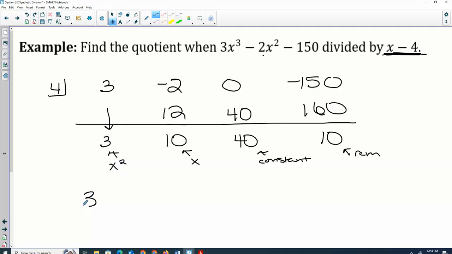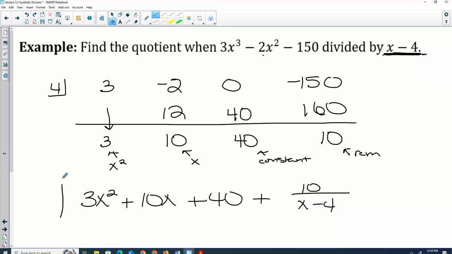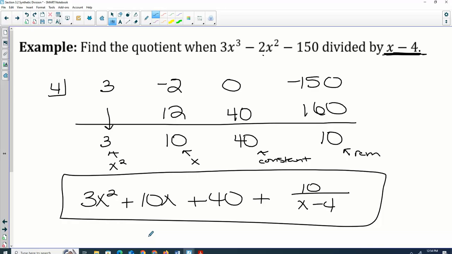So my answer is 3x squared plus 10x plus 40. Plus, my remainder was 10 over what we were dividing by, which was x minus 4. So synthetic division is kind of a shortcut for us in certain cases.